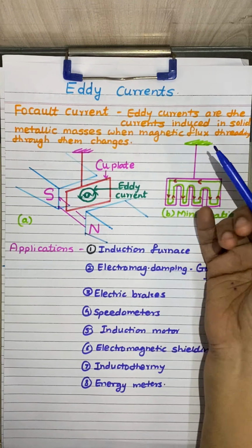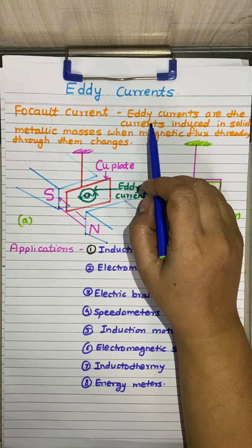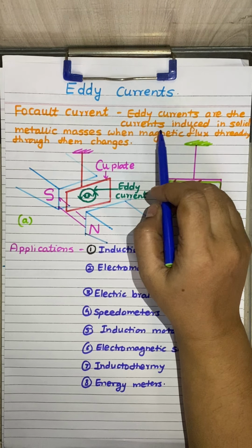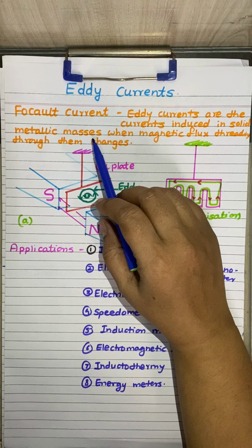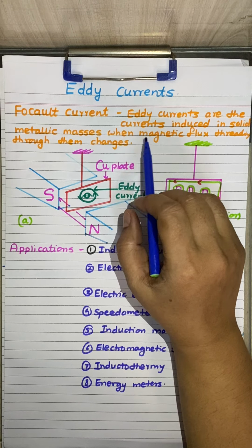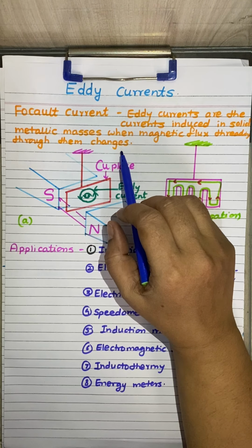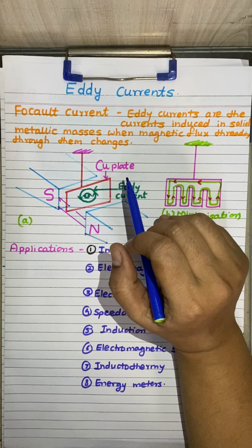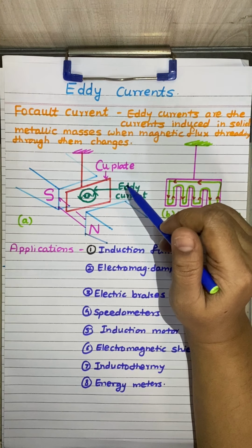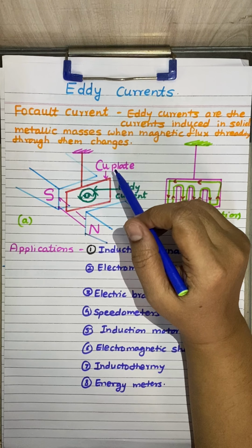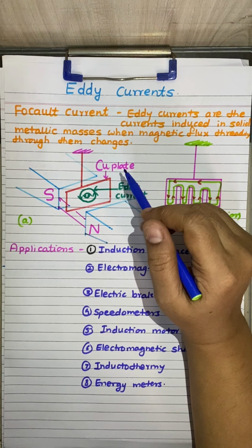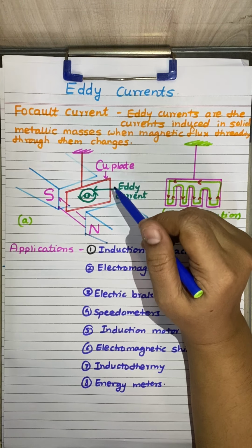So the basic definition: eddy currents are the currents induced in solid metallic masses when the magnetic flux threading through them changes. Eddy currents are also induced currents, and we know that an induced current opposes the change in magnetic flux, according to Lenz's law.